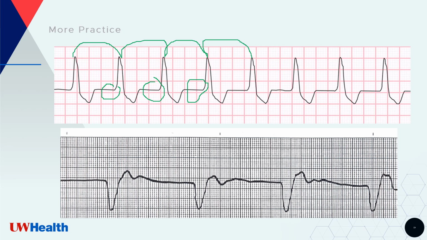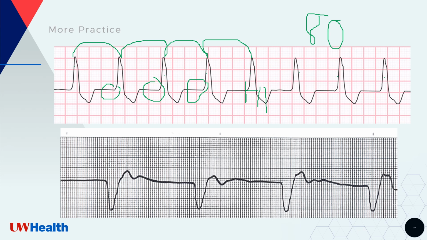And my QRS complex is very wide, depending on where you say your J point is. It's at least 0.20. So this first strip here, 1, 2, 3, 4, 5, 6, 7, 8. So this is a rate of 80, drawing with a mouse. And I have a wide complex that is regular. So this is an accelerated idio.